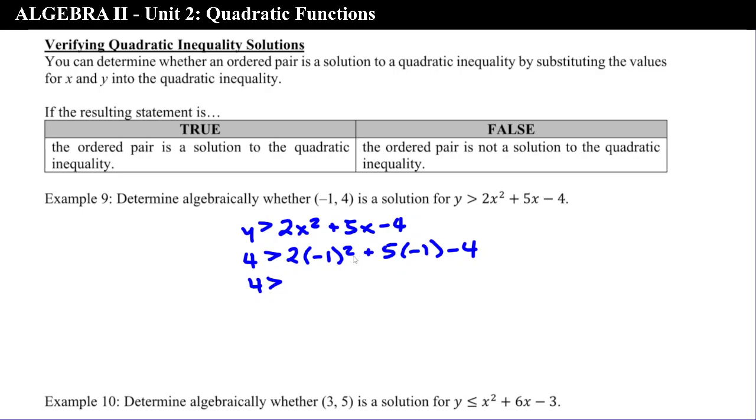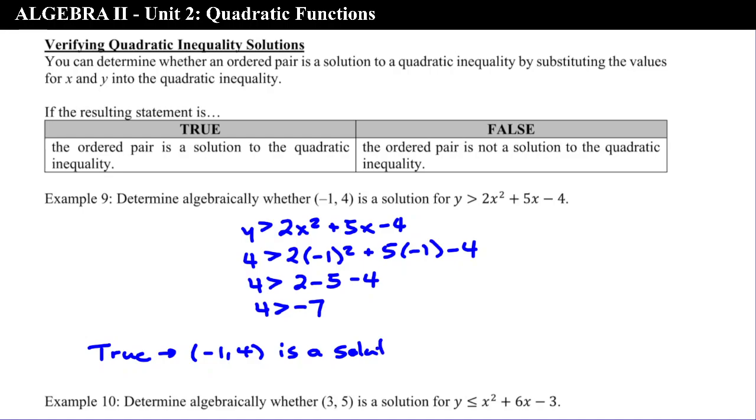So -1 squared is 1, times 2 is 2. -1 times 5 is -5, and then we have minus 4. So we end up with 4 is greater than -7. And that is indeed a true statement. So that means that the ordered pair (-1, 4) is a solution. It's that easy.